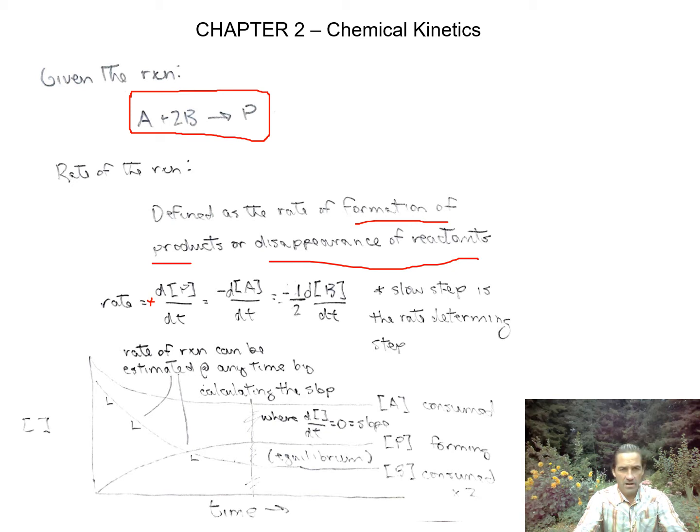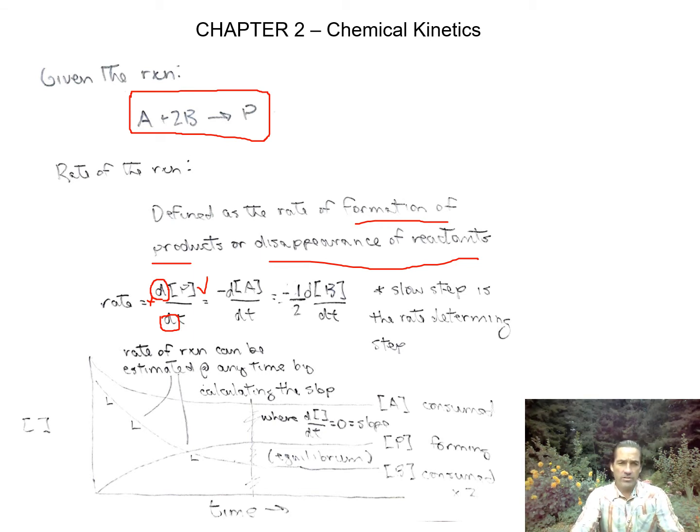So in this lecture I'm using notation that is used in calculus. Rather than using the delta, I'm using a d. But the little d just means change in concentration. We have up here, change in P over the change in time.